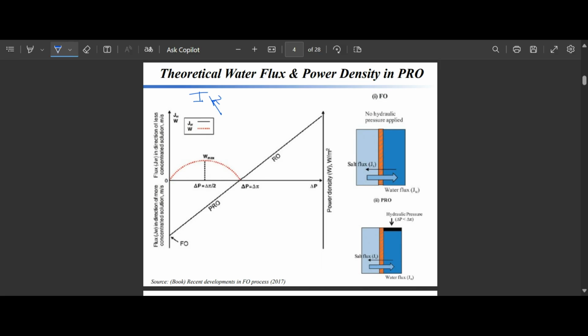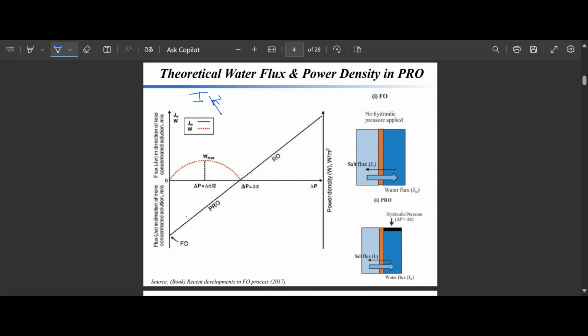If we exceed the osmotic gradient, what's going to happen? If we add extra pressure on the solution side, exceeding it, it is reverse osmosis. That's why it's reverse. The flux is reversed. So that's why reverse osmosis. We still get flux, but in a different direction.